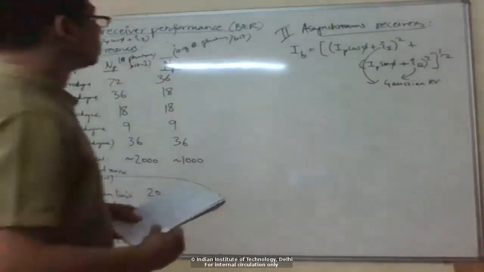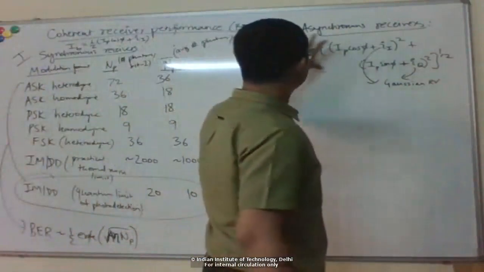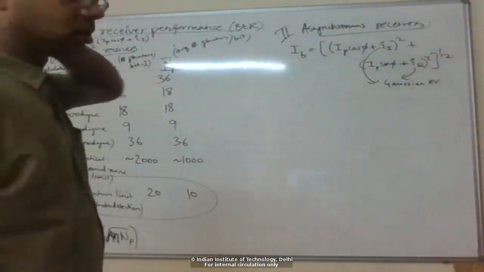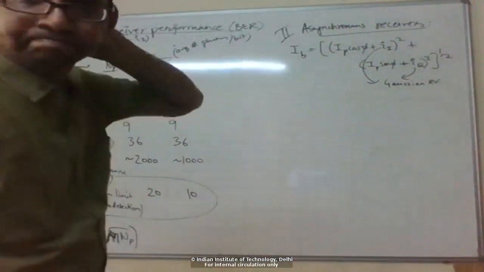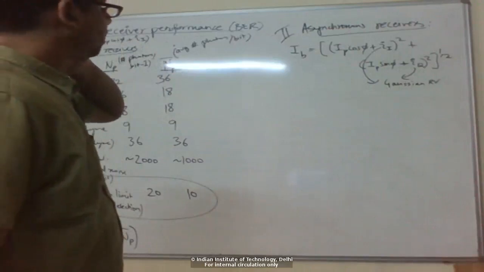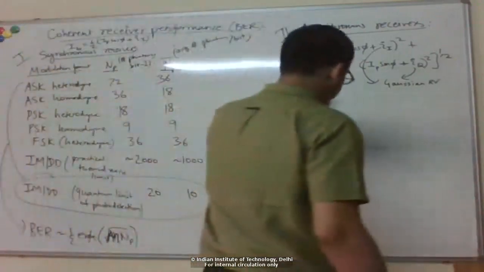So there is a question: what will be the distribution of this baseband current? Will it be chi-square? I'm not sure, but it might be.